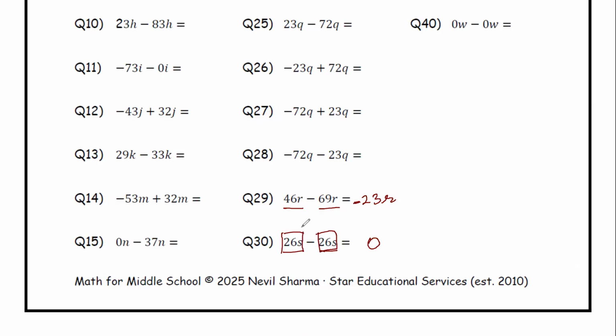So these are monomials on their own, but two together become binomials. So the outcome of that 30th question is 0, because they are the same values getting subtracted.